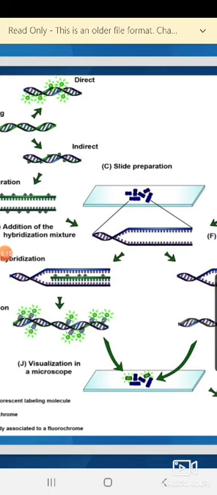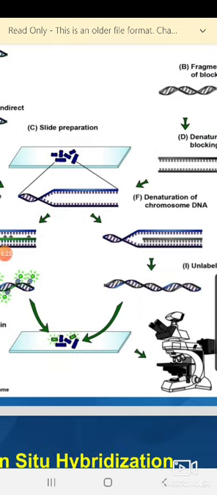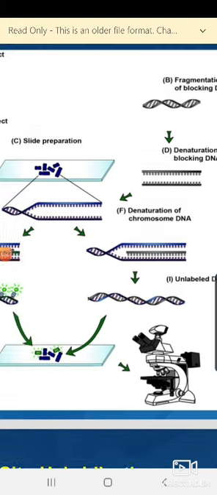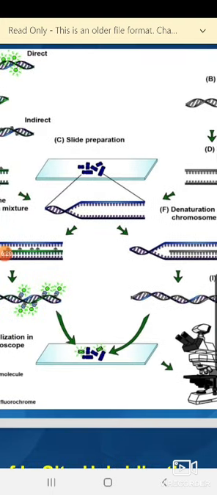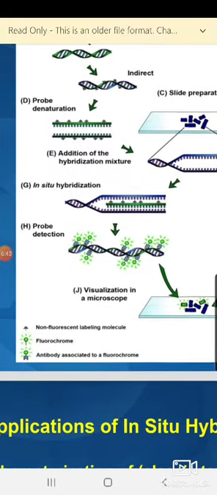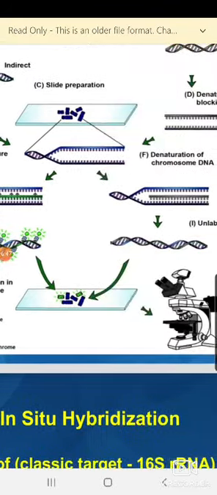All the other things are eliminated, removing any non-specific binding of the probe. So this fragmented blocking DNA will block other DNA, so the chance of the probe to bind other portions is minimum. Only where it finds its maximum complementary sequence, it will go and bind there. So once it is bound, if it is a fluorescent label, you can visualize it in a microscope.